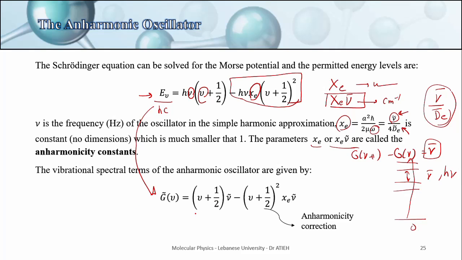So you can see that it's nu plus half nu bar. This term was found in the harmonic oscillator. And this is the additional term that appears due to the anharmonicity. So simply we divide here by hc, and here by hc, to get G bar of nu.